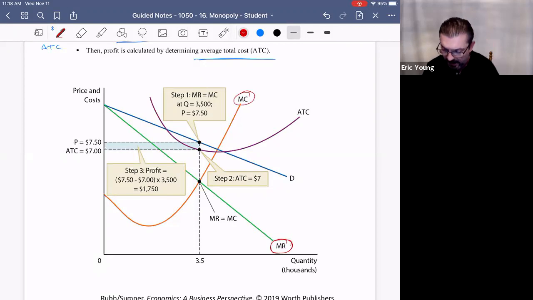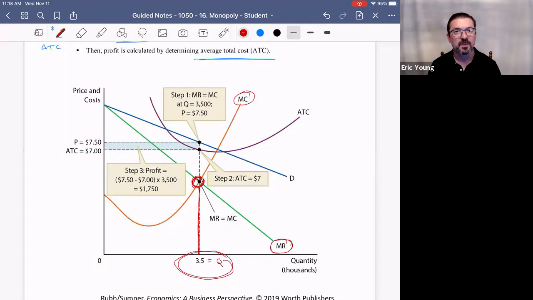Critically, MR is here and MC is here. So step one, we're going to find where MR equals MC. That's that point. You're going to drop a line straight down. And this is going to give you your Q. So MR equals MC, drop a line straight down.